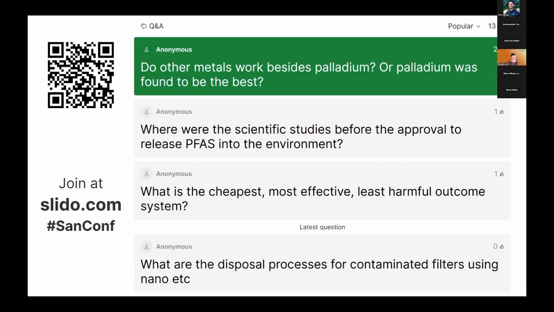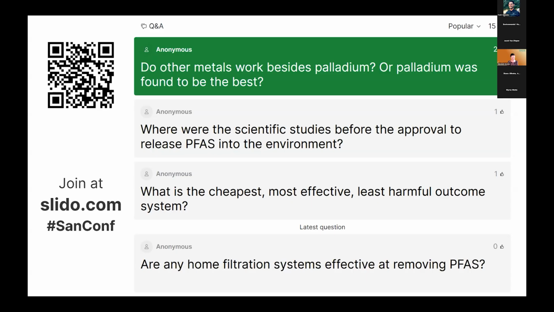To make the catalyst work, you need two things to happen. The PFAS molecule needs to absorb on the surface of the palladium, and nearby we need to absorb what we call activated hydrogen. Palladium is very good at absorbing and creating activated hydrogen, and it's also very good at absorbing the PFAS molecules.